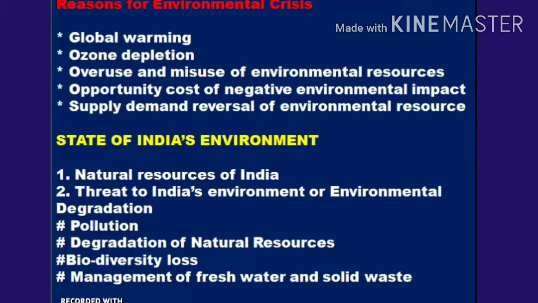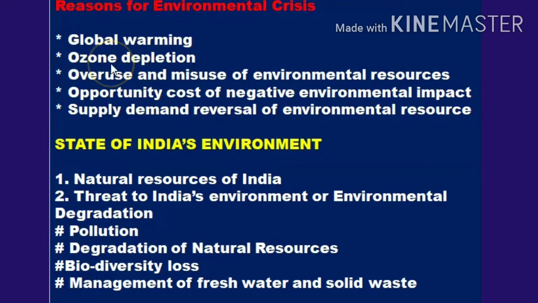So next is what, the ozone depletion. Ozone depletion refers to the phenomenon of a reduction in the amount of ozone in the stratosphere. This reduction in the amount of ozone is a very crucial global environmental issue, as the ozone layer protects the earth from the ultraviolet rays of the sun.